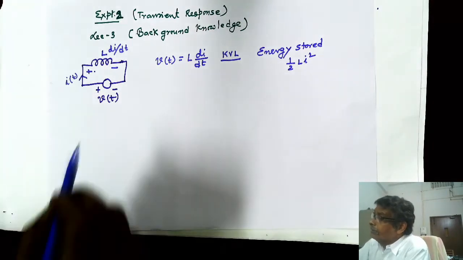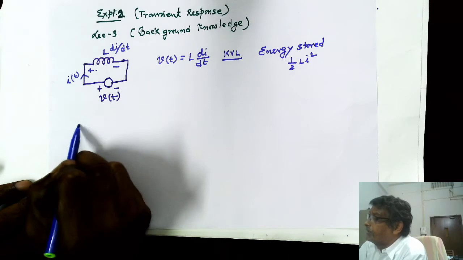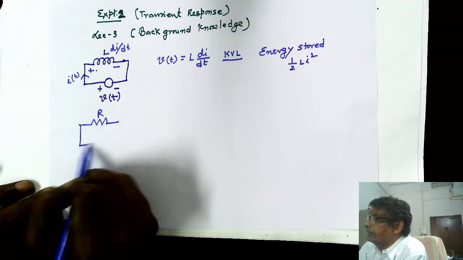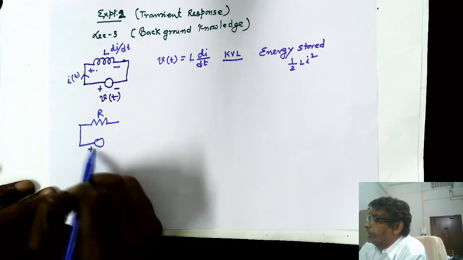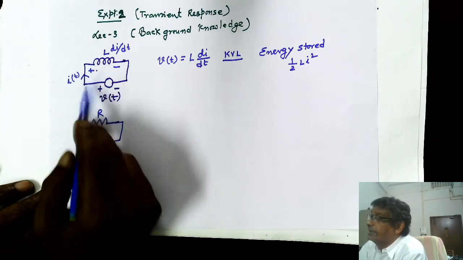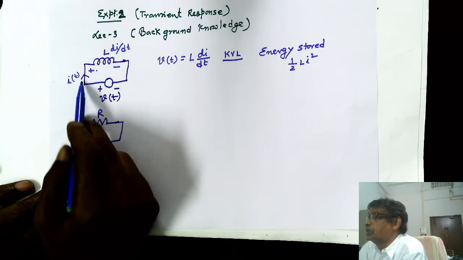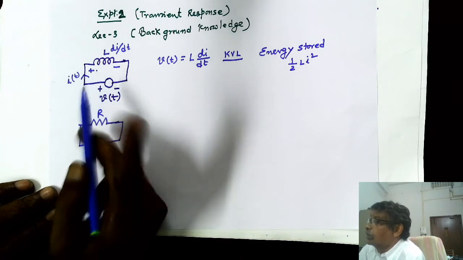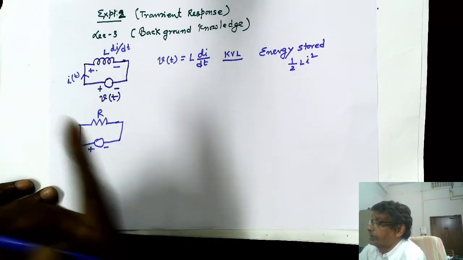Therefore, in case of resistance, parallelly if I draw, this is R, this is your applied voltage. So voltage drop across the inductor is L di/dt with this polarity. Whenever you show current in this direction, please make sure you are writing the correct polarity.